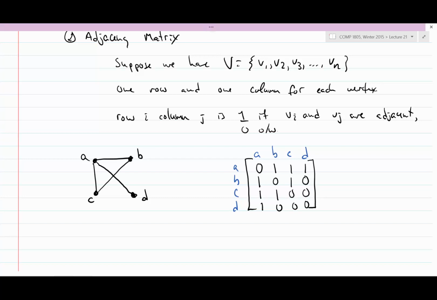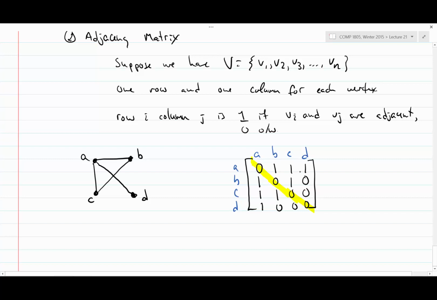So that means if I look here, this is the main diagonal, and I know that's all zeros because there's no self loops. But now if I reflect about this main diagonal, everything's the same. So I have a 1 here, a 1 there. A 1 here, and a 1 here. A 1 here, and a 1 there.